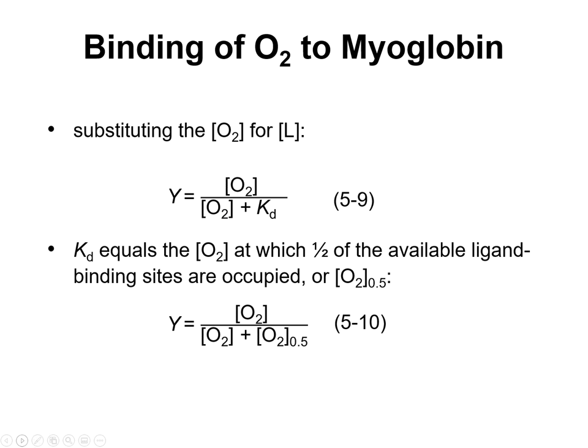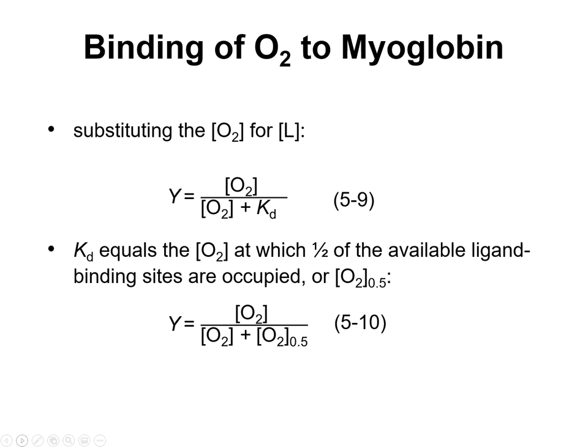So we talked about the generic protein ligand binding. Now we're going to apply that to myoglobin, which is what we started talking about in the first place. Remember, that is a protein that binds oxygen, and it is purely for the muscle. Okay, this is in muscle tissue.